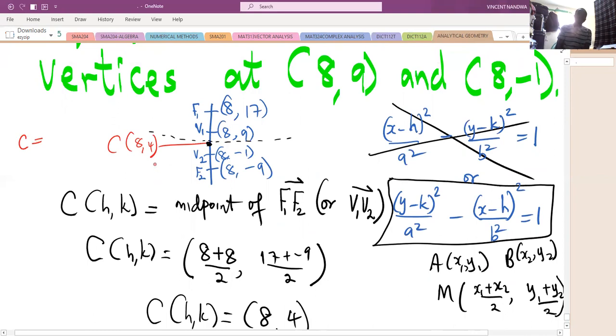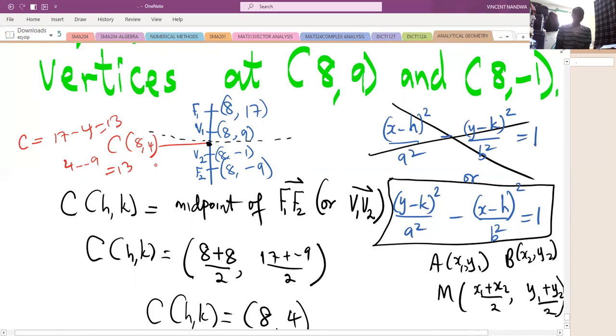This is (8, 4) and this is (8, 17), so c is simply 17 minus 4. Or this is (8, 4) and this is (8, -9), so 4 minus -9. So this is 13. The value of c is 13.